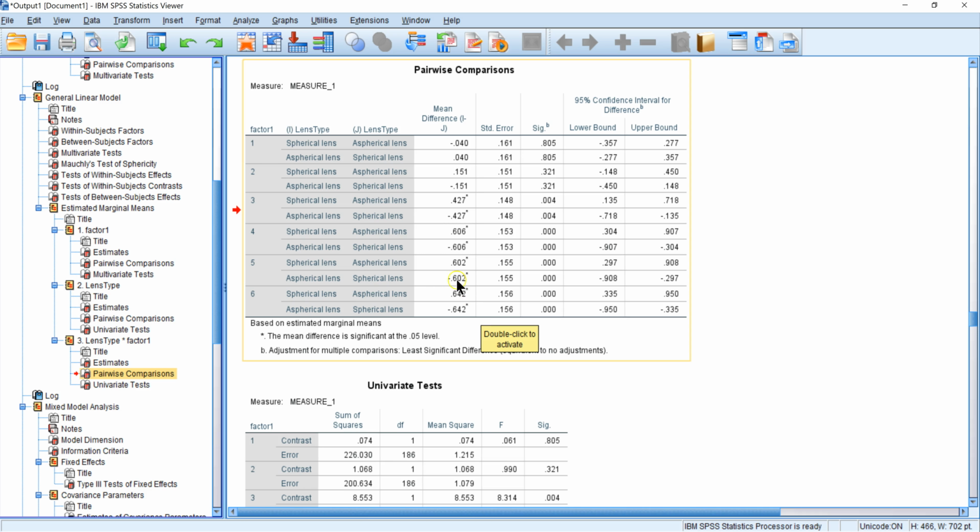Now, this is spherical versus aspherical at baseline, at year 2, 3, 4, and so forth. And these are the differences. These are the standard errors. We see significance at 0.805, 0.805. Now let's look and see, this is the general linear model. They're different.